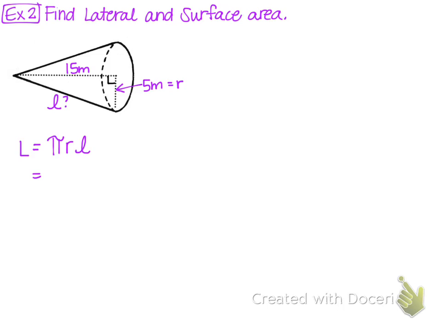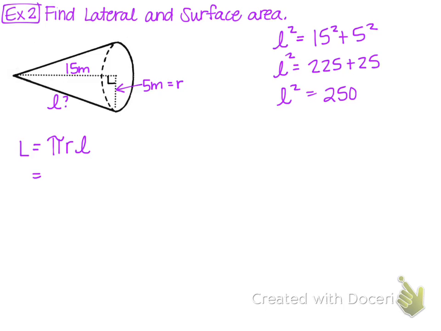Coincidence. So I'm going to find the L. L squared is equal to 15 squared plus 5 squared. So that is 225 plus 25. Oh, did that again, huh? So L squared is 250. So my slant height in this case, when we take the square root, is 15.8 again.